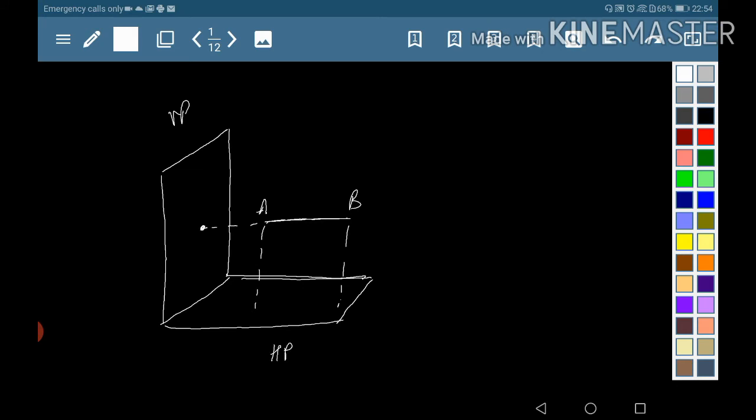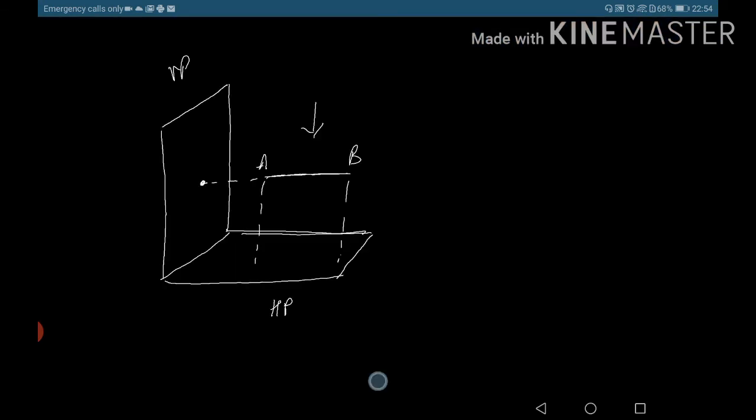So what will be the projection on HP and on VP? If you look from the top, its projection will be AB. And its projection on the VP will be a point. If you look from this side, this point and this point coincide and give its image on the VP.